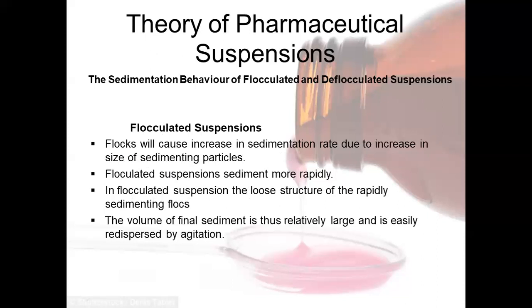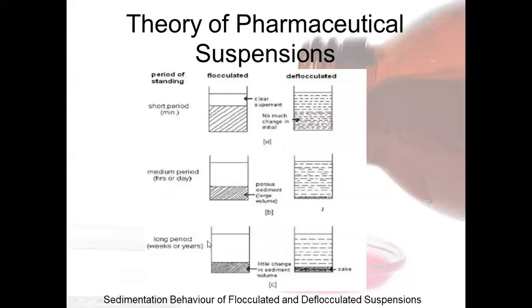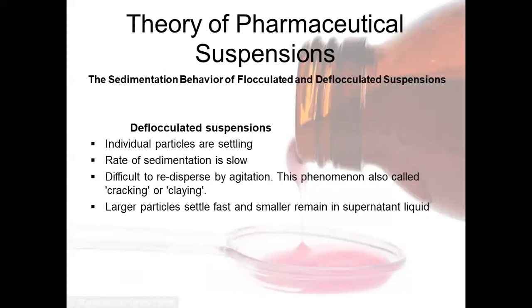The volume of final sediment is thus relatively large and easily redispersed by agitation. For deflocculated suspensions, individual particles settle. The rate of sedimentation is slow, and it is difficult to redisperse by agitation. This is also called claying or caking. Large particles settle first, and small particles remain in the supernatant liquid.